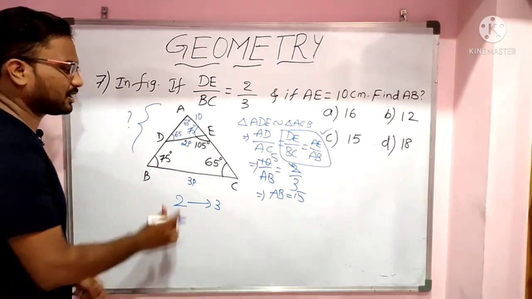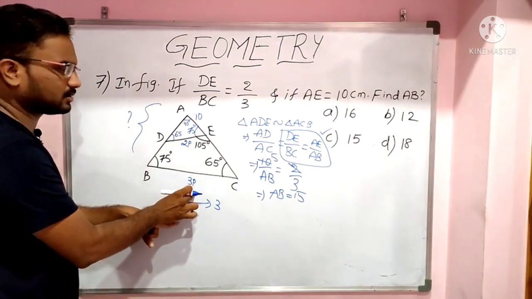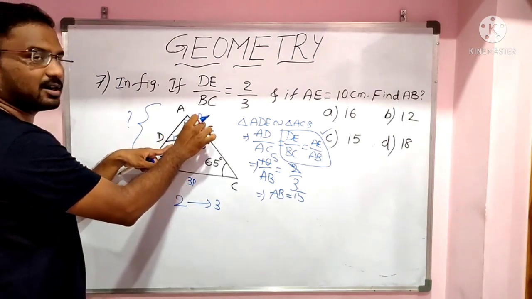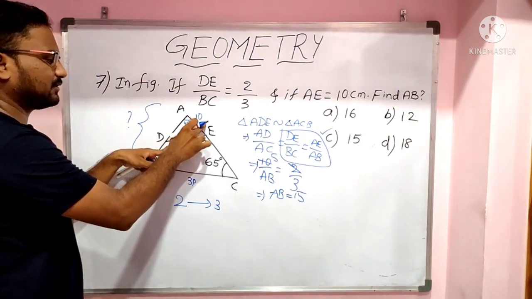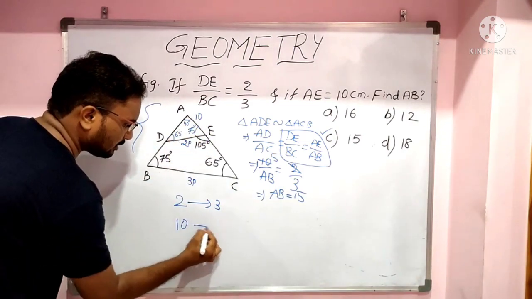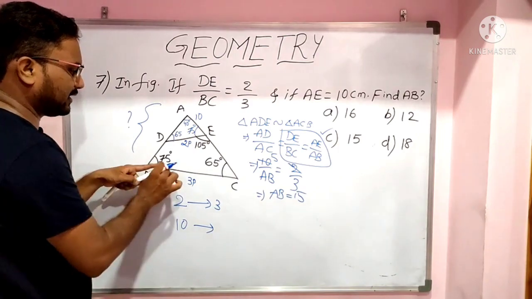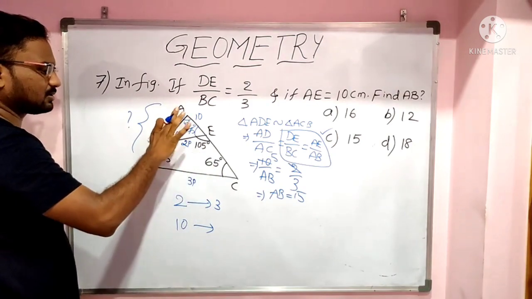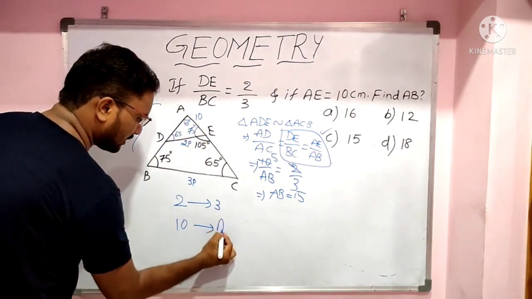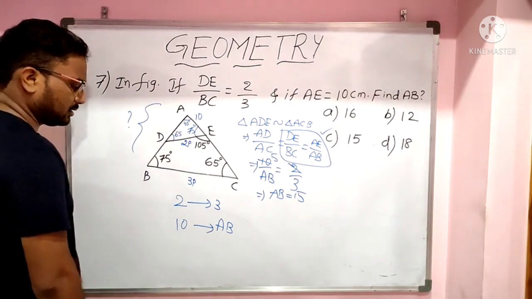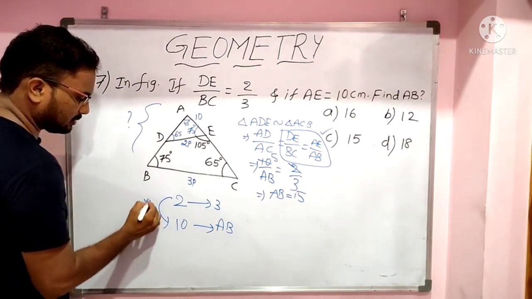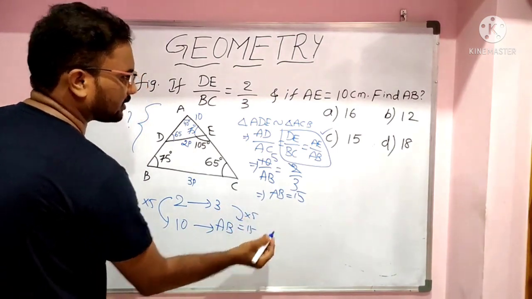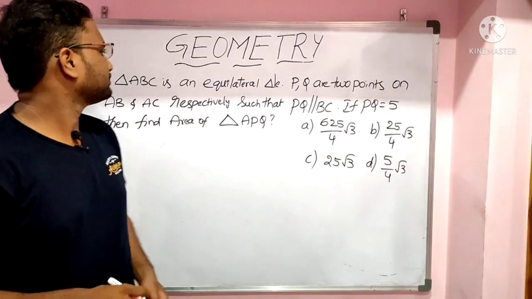The side opposite to this angle 65 in the smaller triangle is 10, and the side opposite to 65 degrees in the bigger triangle is the total AB. So 2 into 5 is 10, so 3 into 5 is 15. So the answer is 15. Next problem.